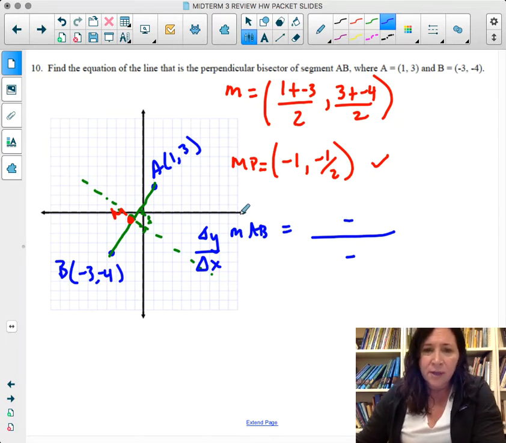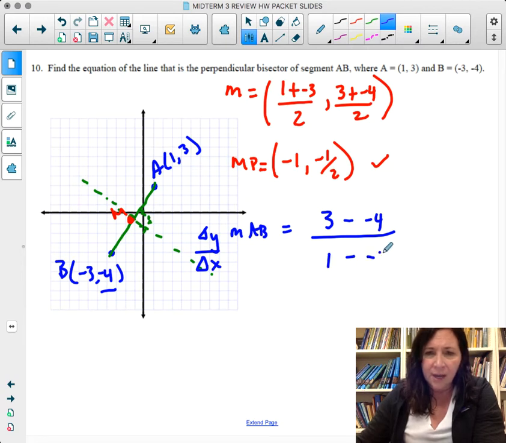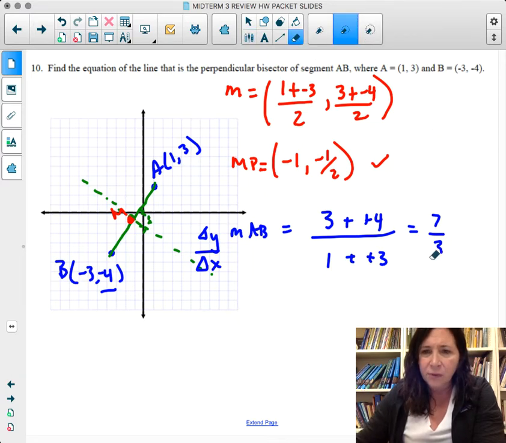So let's see, subtract our y's. So we're going to go 3 minus this value, which is -4. And we're going to have 1 minus -3. So these negatives make positive. 3 plus 4 is 7, and 1 plus 3 is 4. So I have 7 over 4.